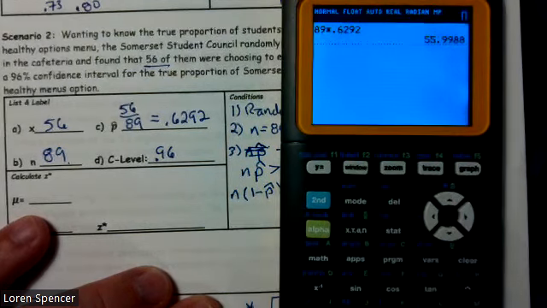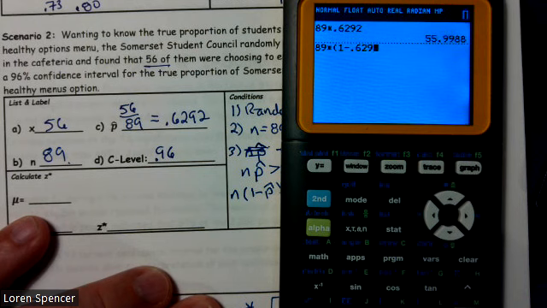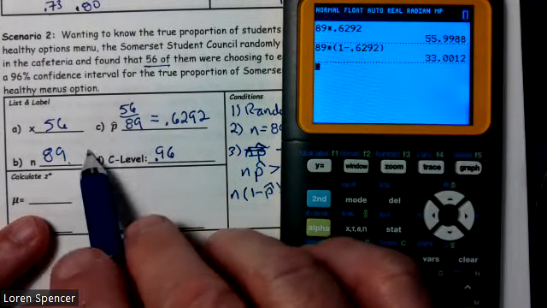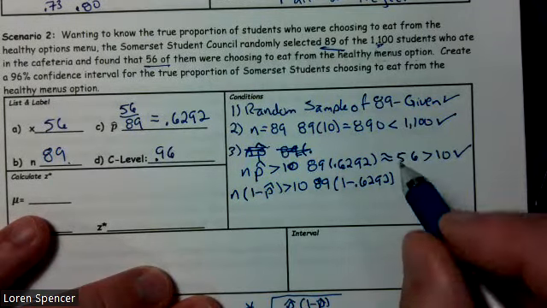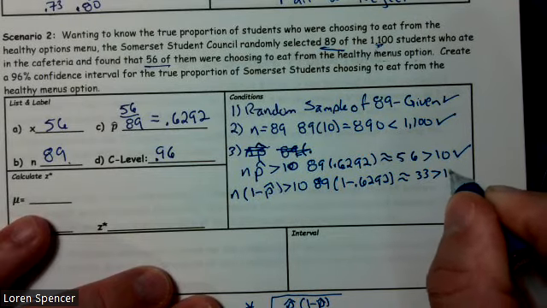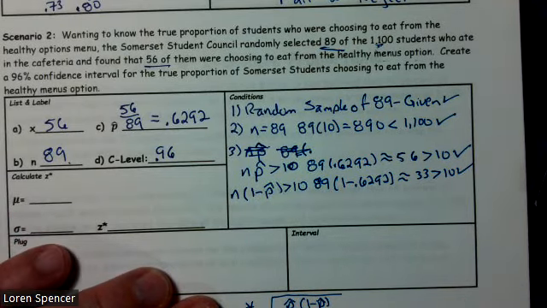And wait till you see what happens here. 89 times parenthesis 1 minus 0.6292, close parenthesis. Oh, it's about 33. And if I add these two together, sure enough, I get to 89. So this is approximately 33, which is also greater than 10. So we've met our normality conditions.